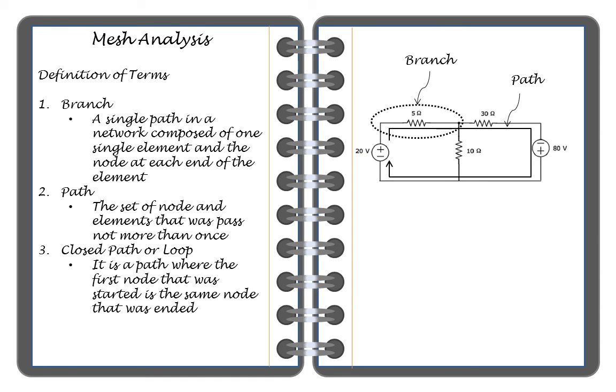So that is a closed path. We also have a so-called open path, which is the opposite of the closed path. It doesn't go back to its starting point. That is an open path.